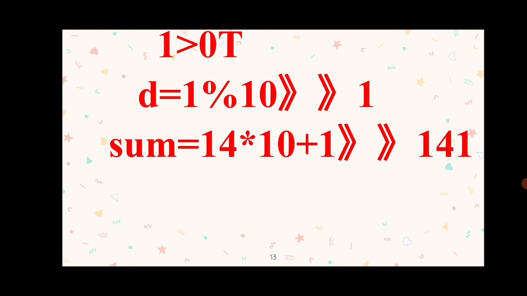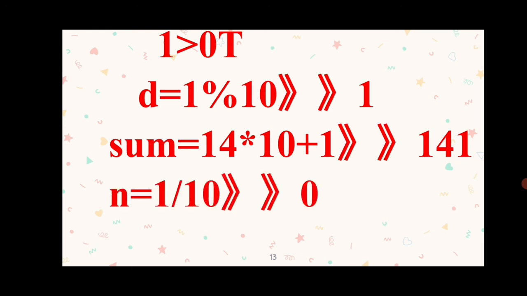Now sum is the last iteration's value 14 into 10 plus d, where d is 1. 14 tens are 140 plus 1, that is 141. Now n = n / 10, 1 by 10. The numerator is less than the denominator, so it gives 0. So in this iteration the final value of sum is 141 and n is 0.